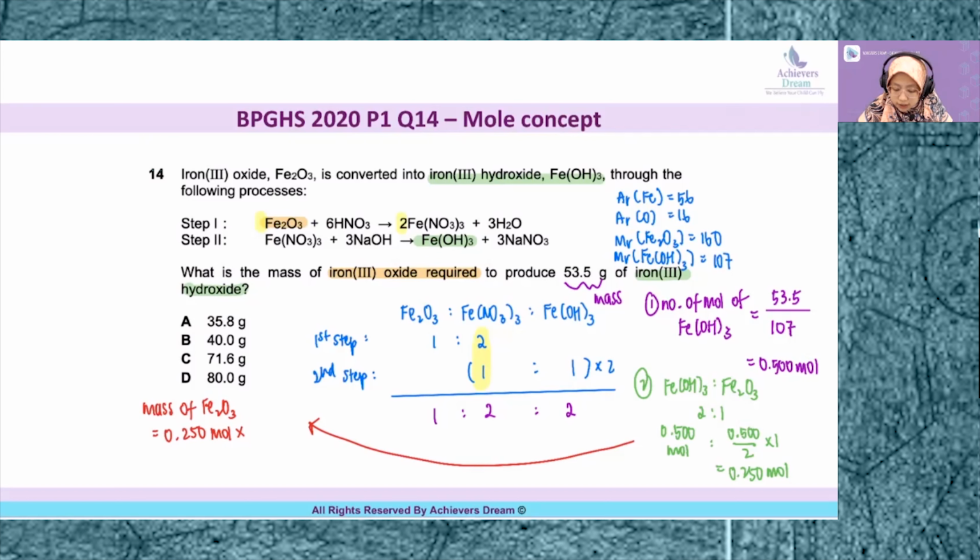You get 160. So 0.25 mole times 160, you will get 40 gram. Hence, for the answer to this question, if this is a structured question, you should give it to 3 significant figures. So it will be 40.0 gram. The answer for this question is B.